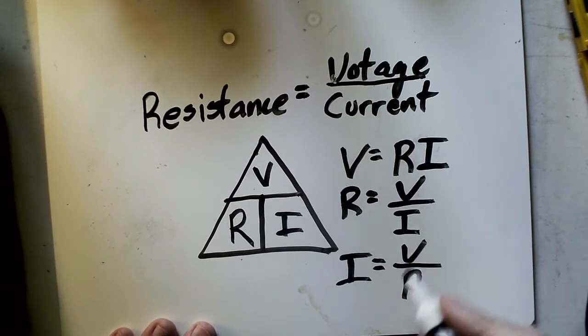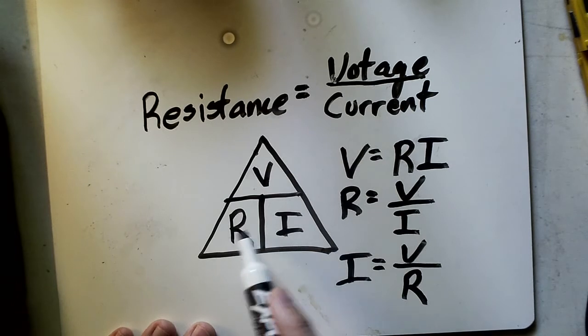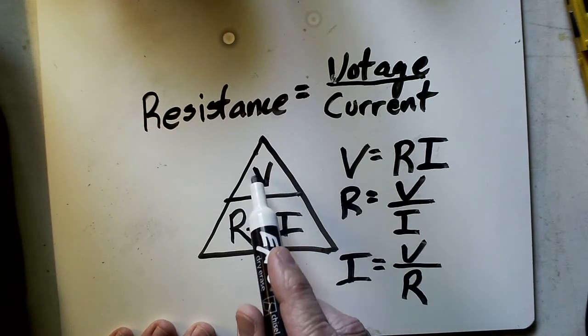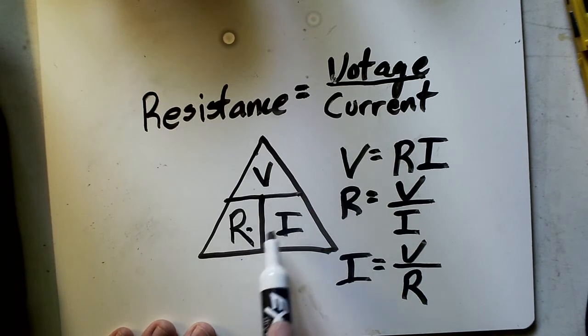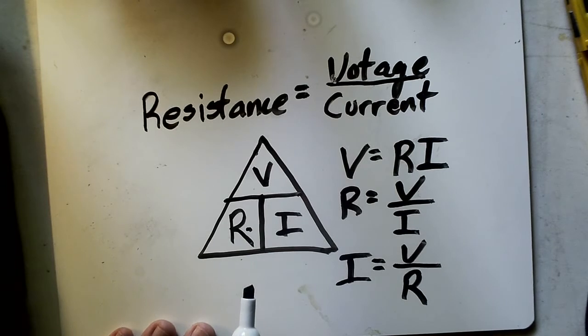So there's all three: voltage equals resistance times current, resistance equals volts divided by current, and current equals voltage divided by resistance.